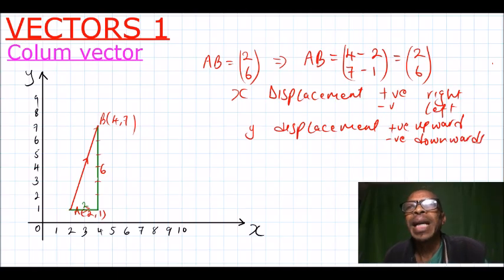So that is how we describe the displacement. Let me use another example to demonstrate this negative and positive displacement.